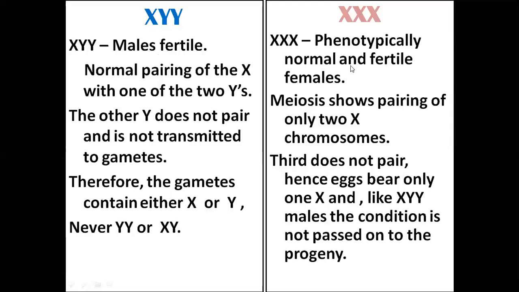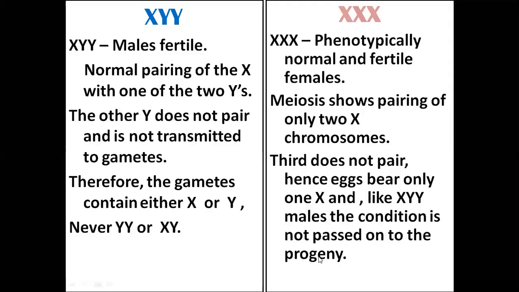The X trisomics are phenotypically normal, and these are fertile females. Meiosis shows pairing of only two X chromosomes. The third one does not pair, hence the eggs bear only one X, and like that of XYY males, the condition is not passed on to the progeny.